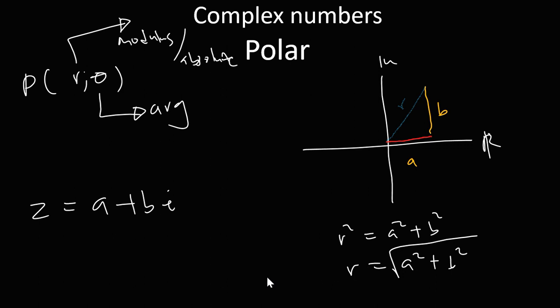It can also be written as the absolute value of a plus bi, inside this absolute value notation. So this is the same as the modulus, or other people call it the absolute value of the complex number. The absolute value is more like a distance.